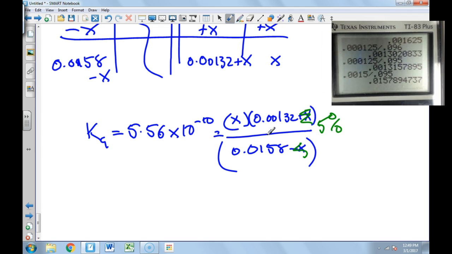So now we can solve for X. Okay, we're going to multiply by this, divide by that, and make sure that I don't make the same mistake that I made in the previous part, part D.